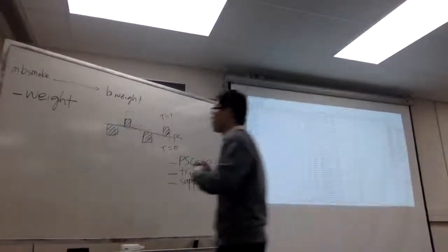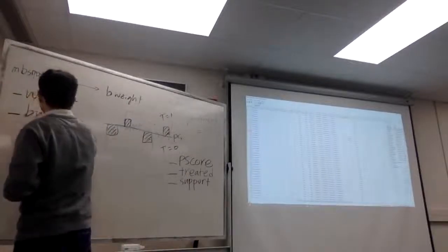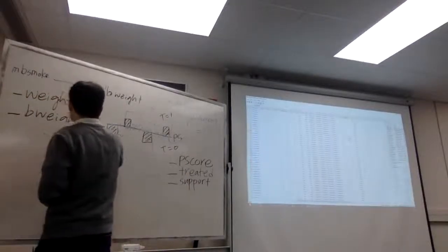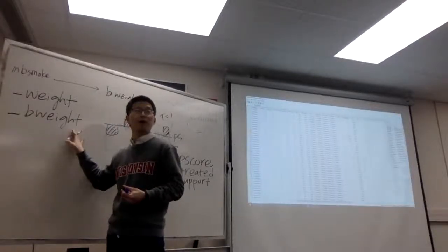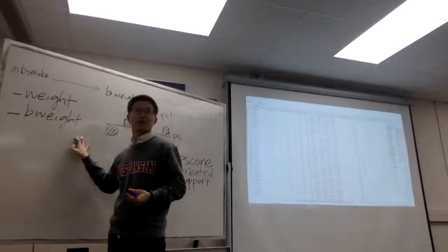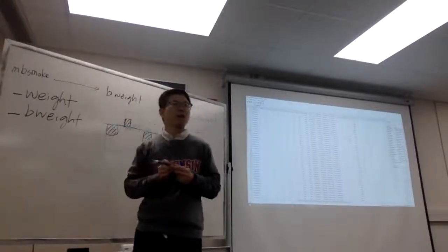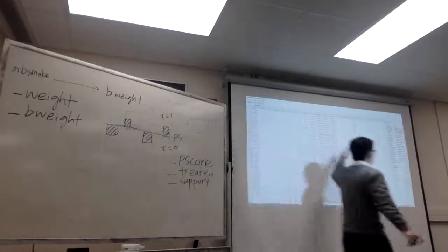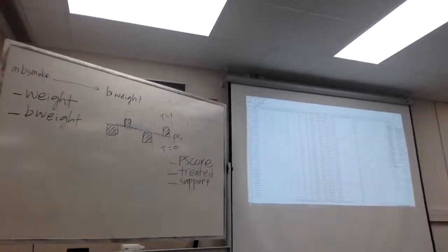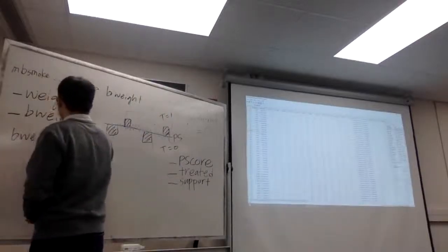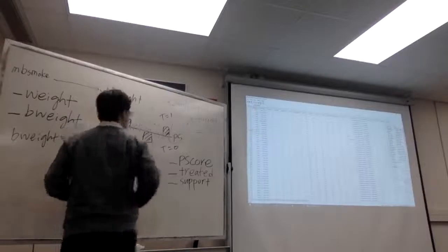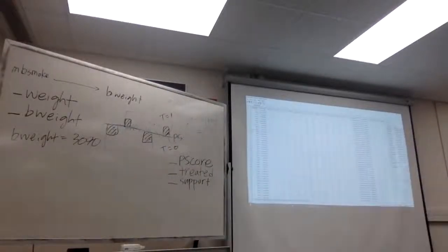And the weight is the B weight, or the outcome of the matched case. Good. So for this person, for the 11th observation, the B weight is 3090.